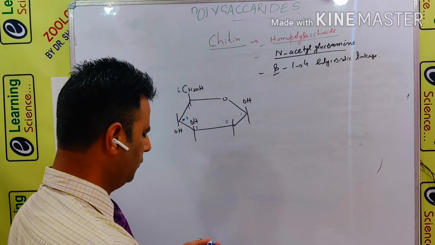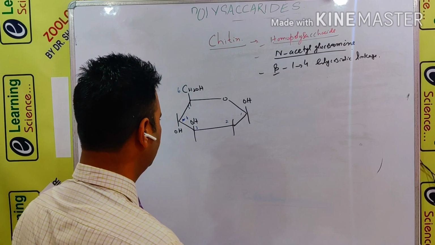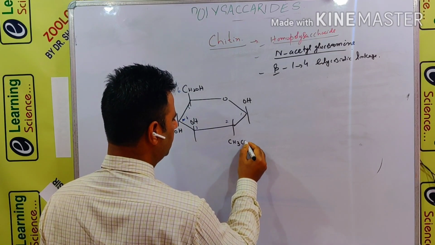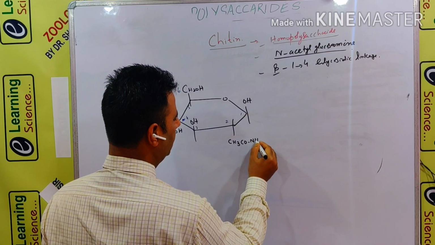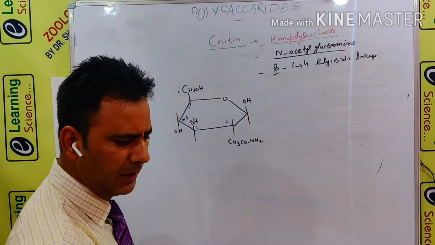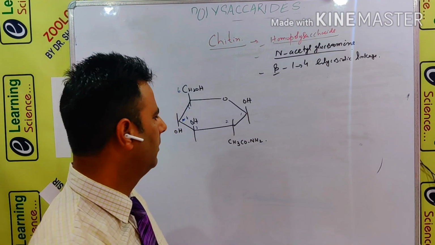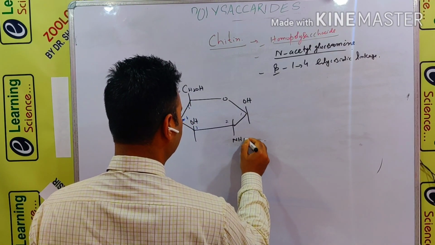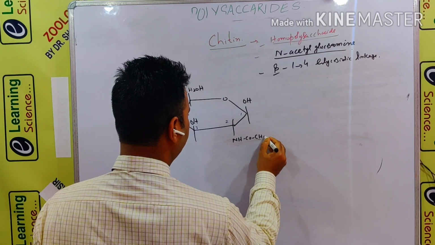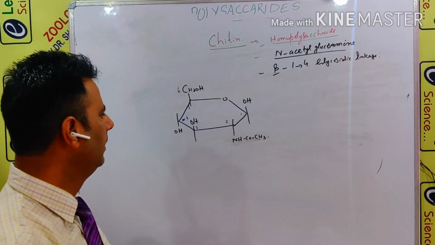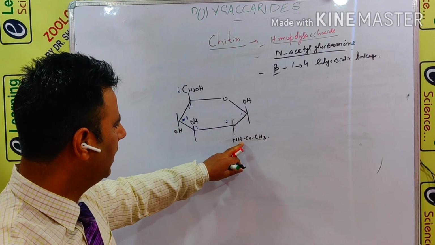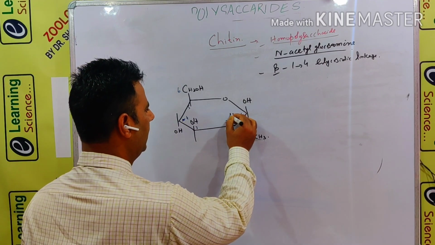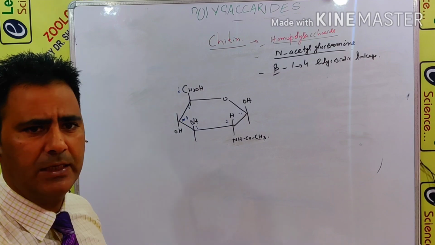At position number 2, this OH is replaced by an acetyl and amino group. It is not to be written in this way; we can write it as NHCOCH3. So here we have an acetyl group and amino group at position number 2, and we call it N-acetyl glucosamine.